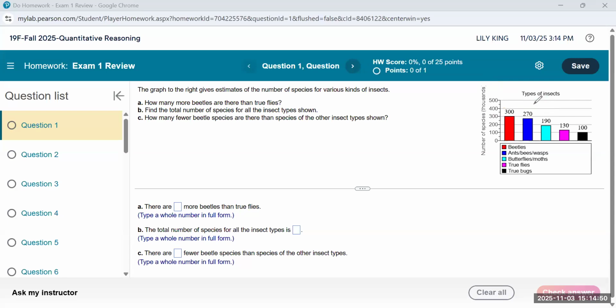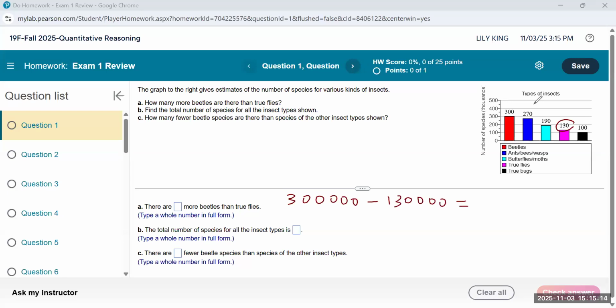How many more beetles are there than true flies? So first, we're going to start with the number of beetle species, which is 300,000. And then the true flies, which is the purple, is 130,000.